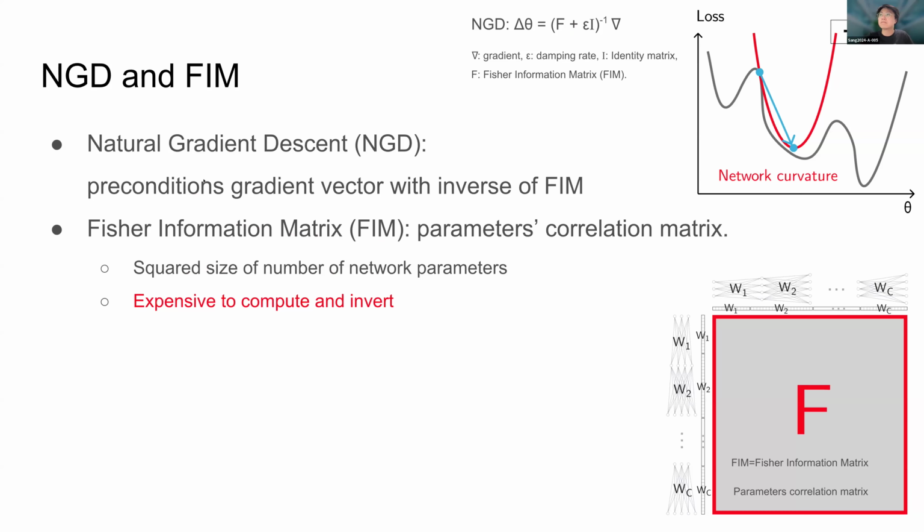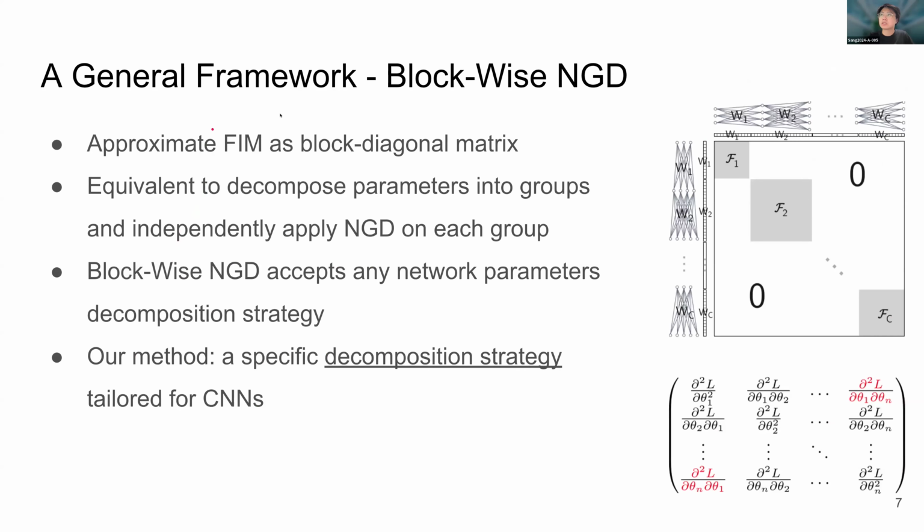So this is where the general framework makes it practical. To make NGD feasible, the common approach is to approximate the FIM in a block-diagonal shape. This approximation is equivalent to decomposing the parameters into groups and applying NGD on each group independently.